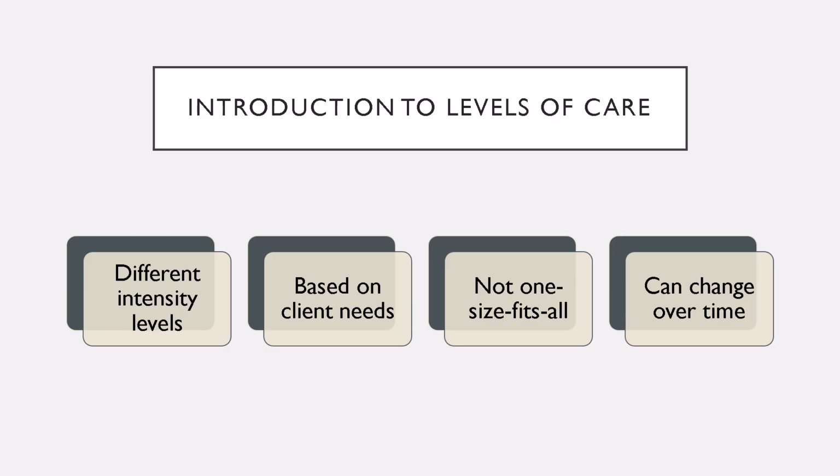And one of the most important things to remember is that levels of care are based on clients' needs, not convenience, not availability, and not assumptions, not what your program says that they offer, not what probation said that they needed to do. This is what's needed, not what's required.